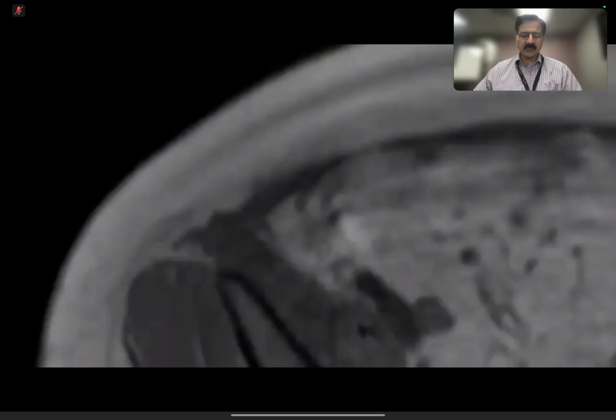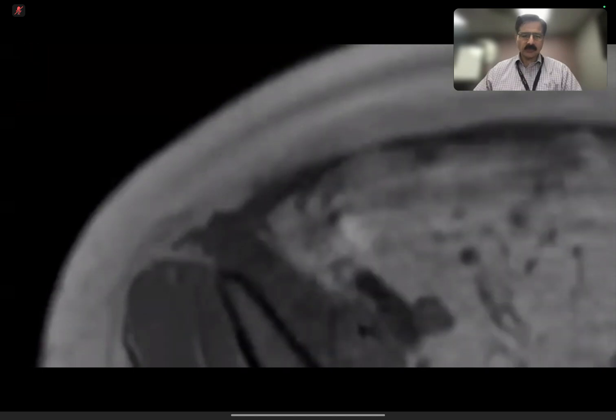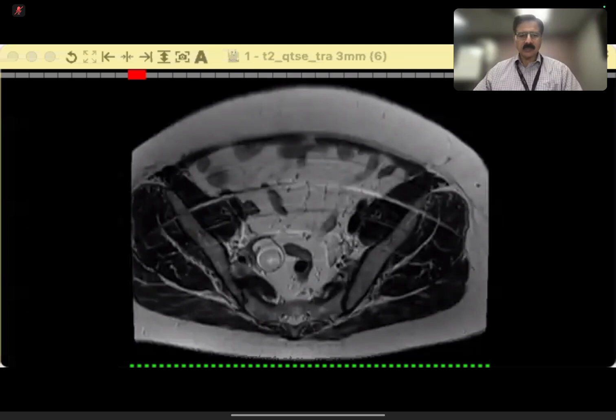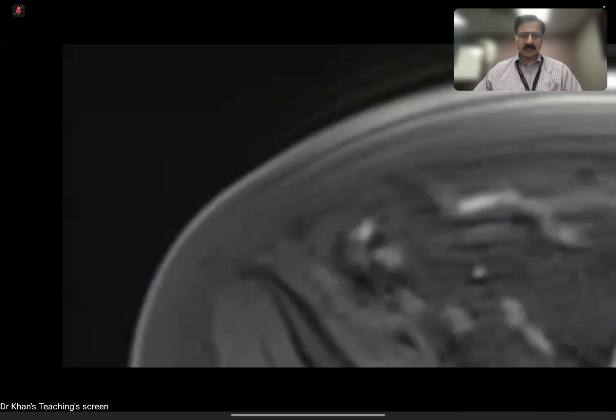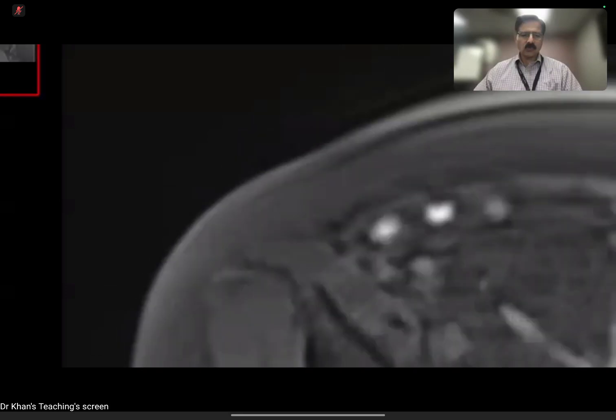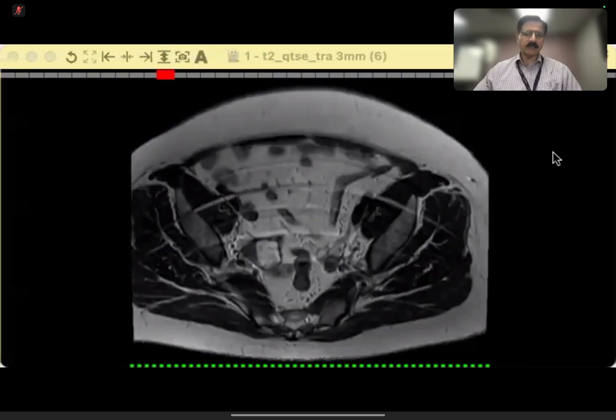It was high signal. This is a T1 weighted sequence. So there is a bit of a solid component here. And then if you go to fat saturated sequence, which is this one, it saturates. So the idea was to pick up multiple findings. You did very well to pick them up.